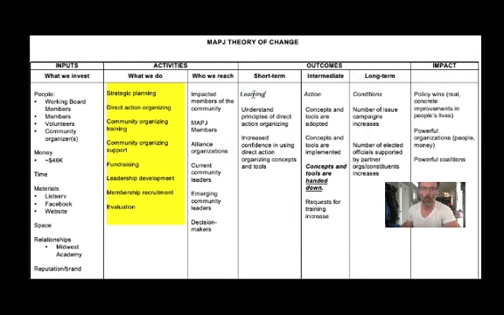In the short term, we would expect a major outcome to be learning, that people in the community, including our board, including our members, understand the principles of direct action organizing. And that people have confidence in using those concepts and tools, right?